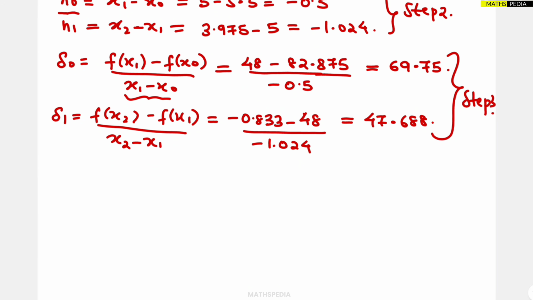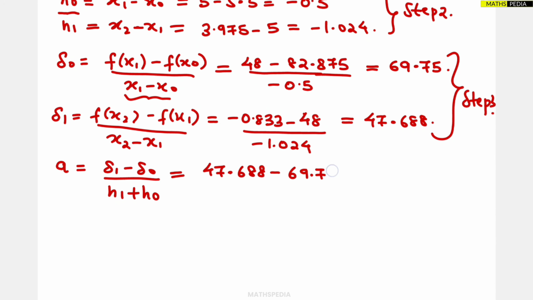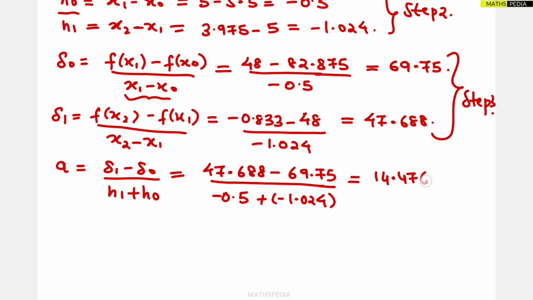We'll go for step number 4, finding out A, B, C. What is the A value here? Delta 1 minus delta naught divided by h1 plus h0. So 47.688 minus 69.75, whole divided by h1 plus h0, which is minus 0.5 plus minus 1.024, directly you can write minus 1.524. So the answer you are getting for A is 14.476. Okay, B value we will calculate: A into h1 plus delta 1.